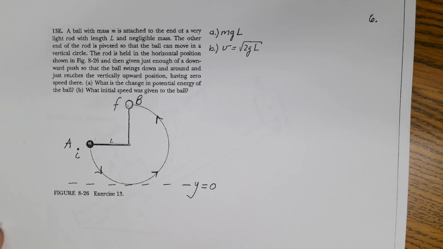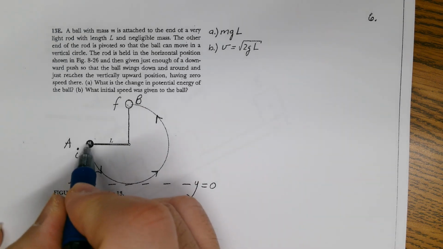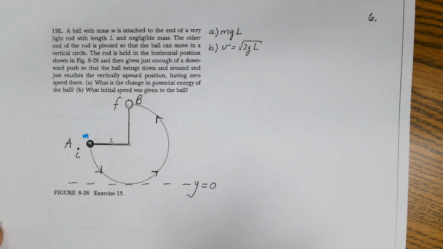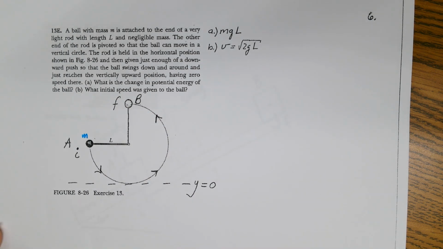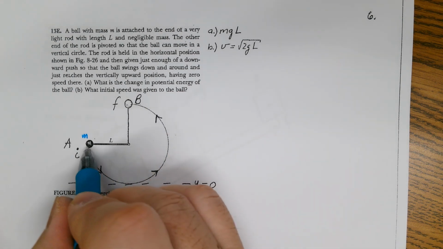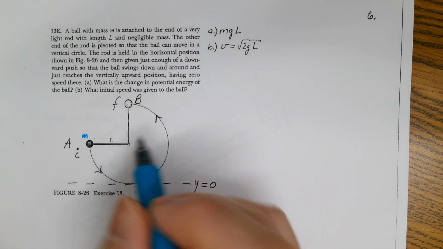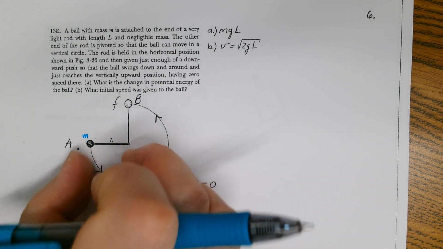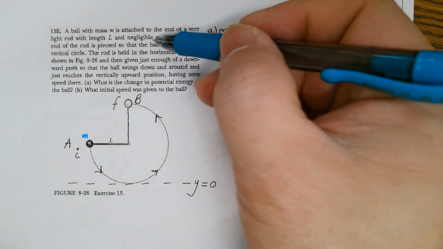All right. A ball with mass m, so this ball has mass m, is attached to the end of a very light rod, so this is the rod right here, with length L, and negligible mass.